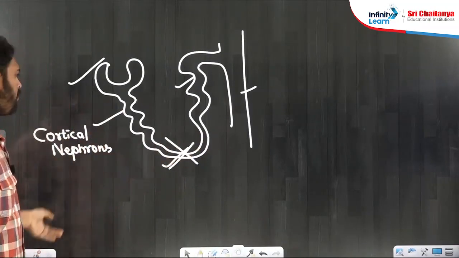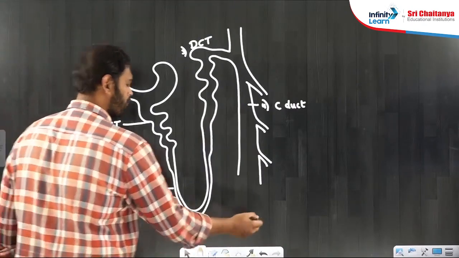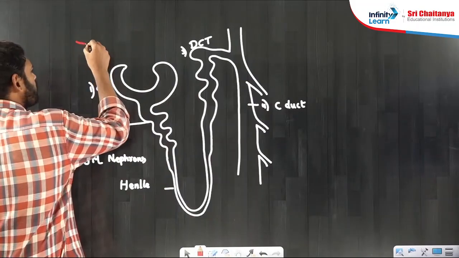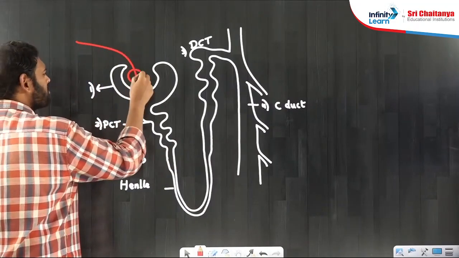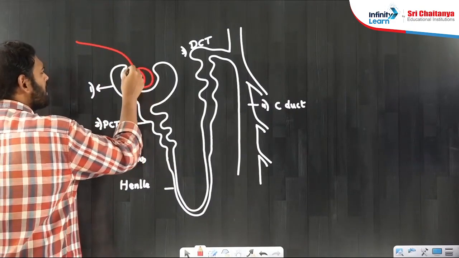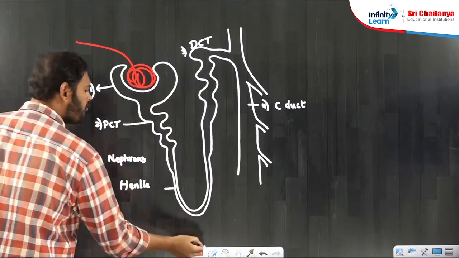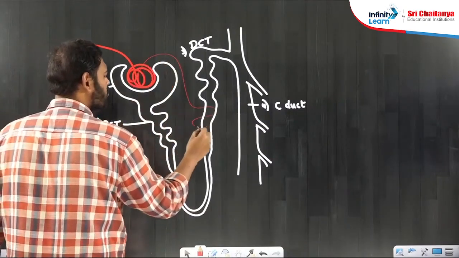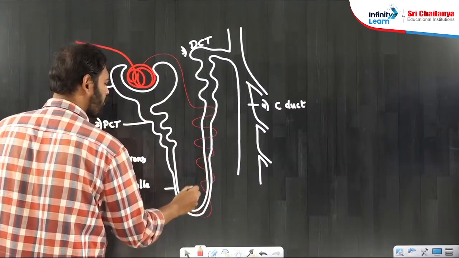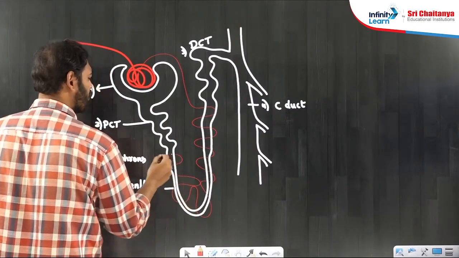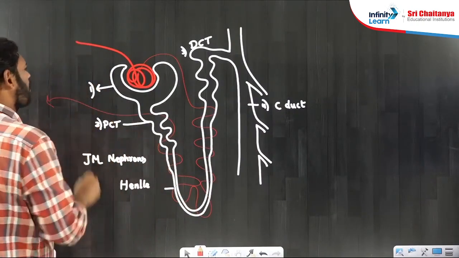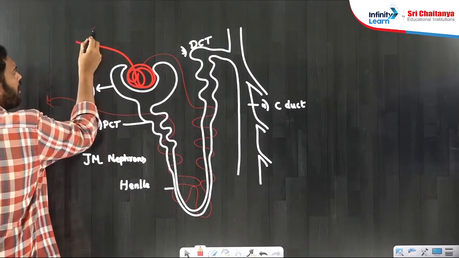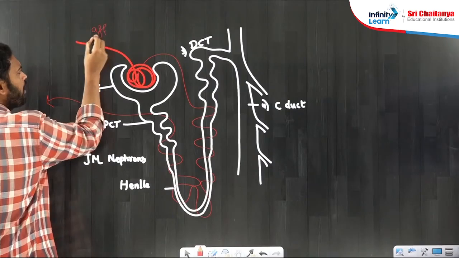And blood vessel, artery, arteriole comes into Bowman's capsule, forms a network called as glomerulus, and exits out of Bowman's capsule, and again forms network around this, like this. Arteriole entering Bowman's capsule, afferent arteriole.